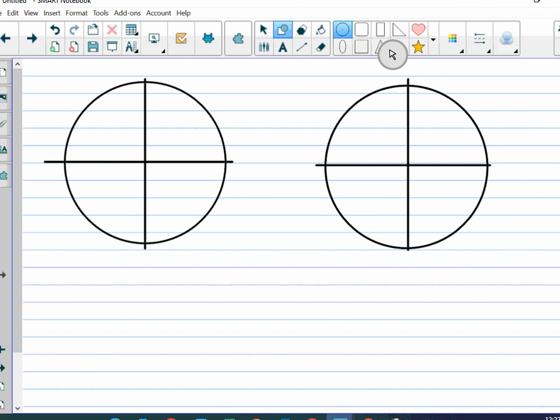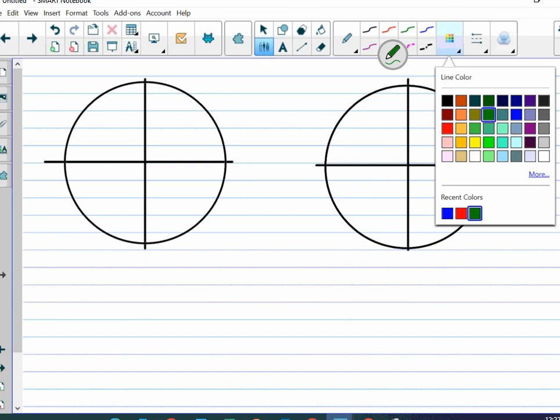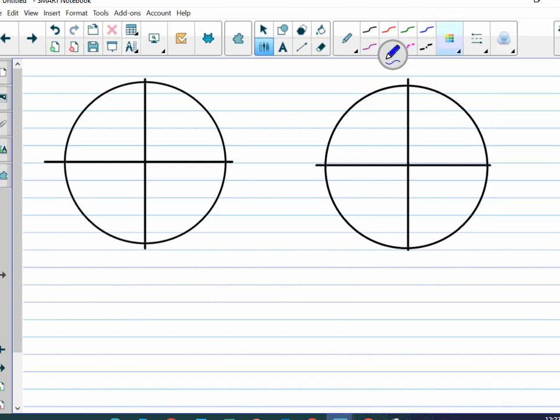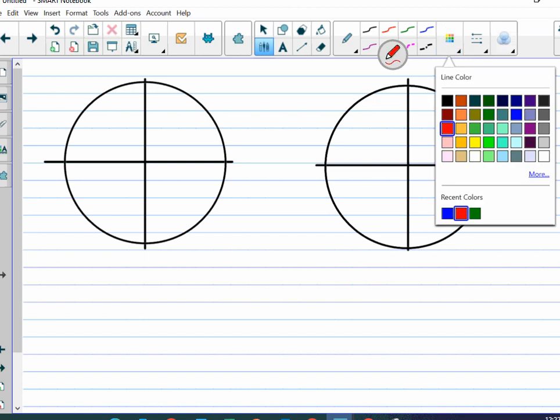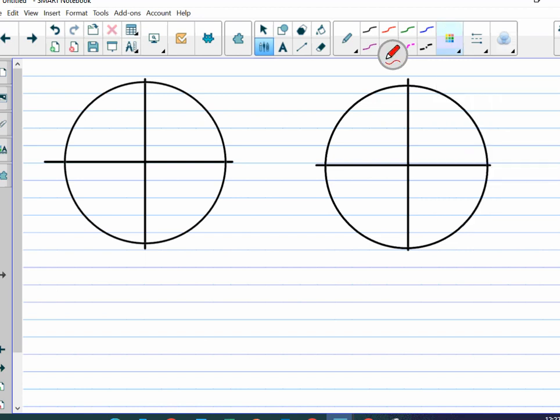You can trace around your water bottle. Good idea. That was a genius idea, Mr. Lee. Hey, thanks.